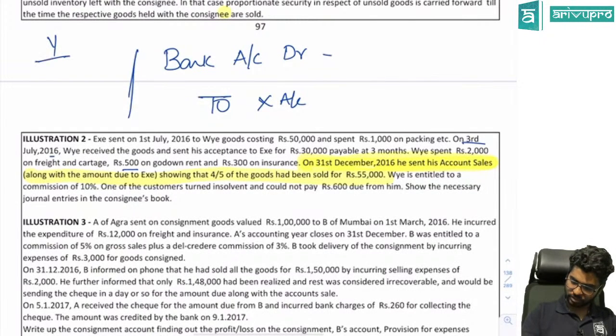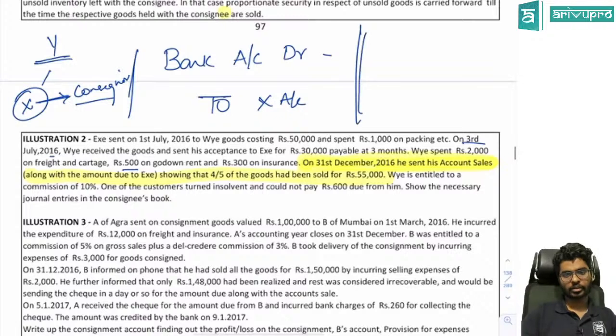The reason I did was, in Y's account there won't be any consignment. There'll only be consigner for all the things. Are you clear? Next one.